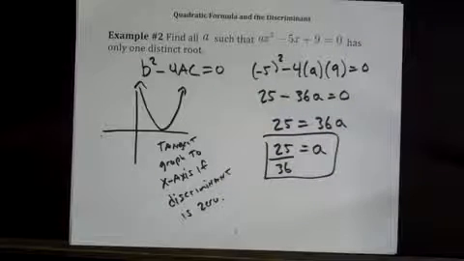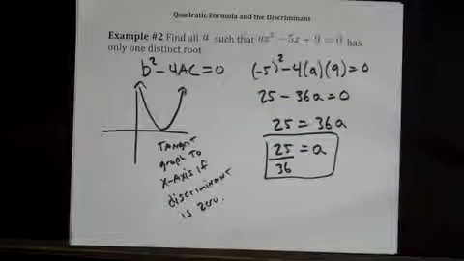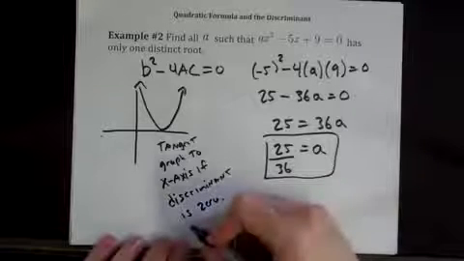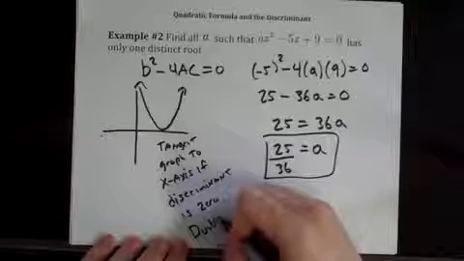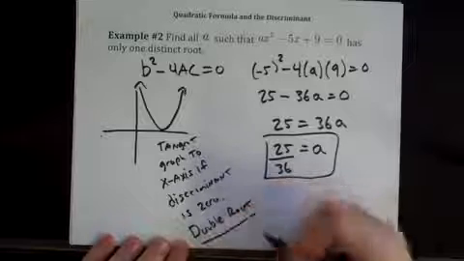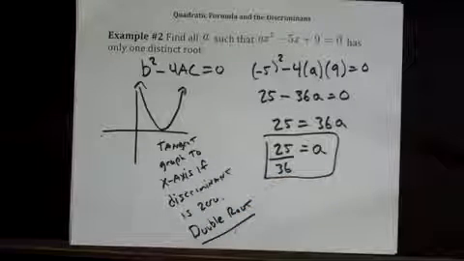So the value for a that will give us one distinct root, meaning a double root, I should write that down. We've already done this before, but I'm just going to reinforce. It would be a equals 25 over 36.